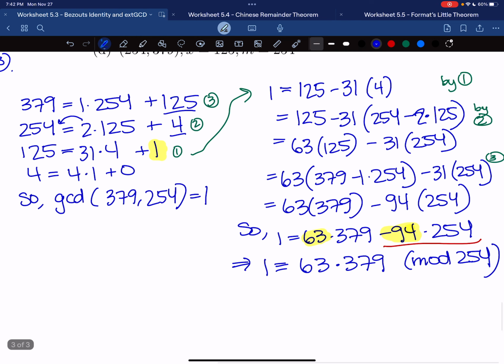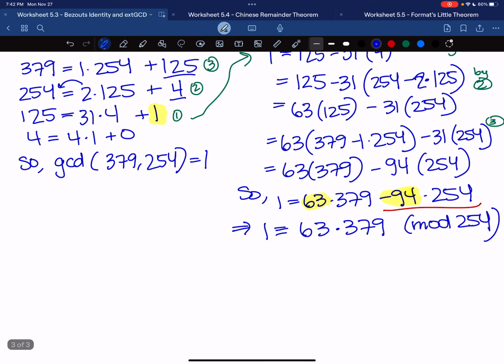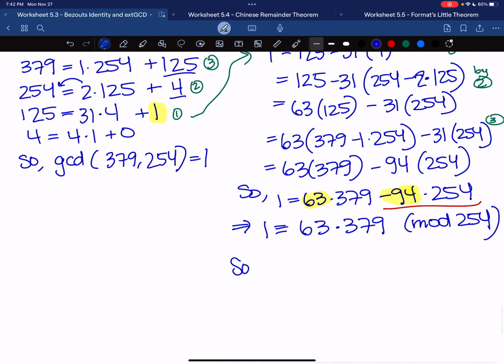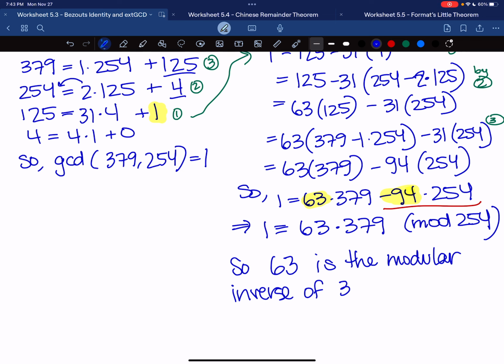Right? It's a multiple of 254, and so it's equivalent to 0 mod 254. Okay, so then that gives us what we need. 63 is the modular inverse of 379 mod 254.